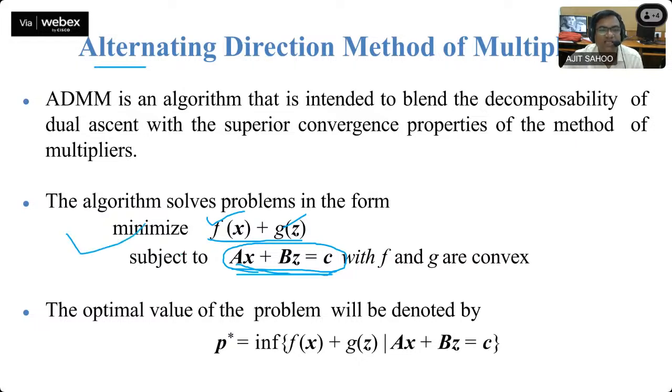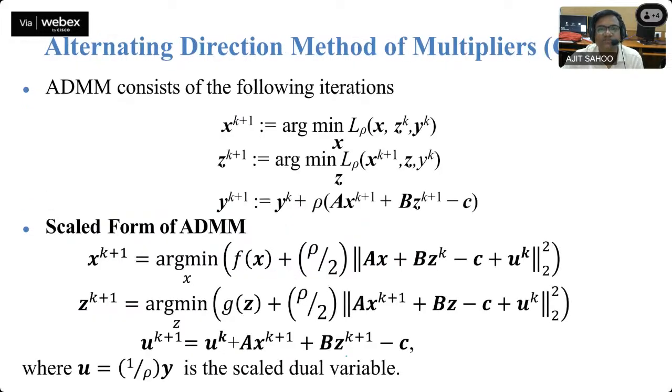Then you have to find the optimal value. The optimal value is p star, equal to the infimum, that is the minimum, of f(x) plus g(z) such that Ax plus Bz is equal to c. This is the same problem, only written in a different way.